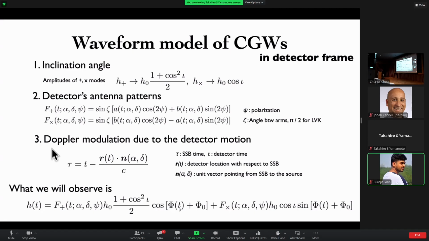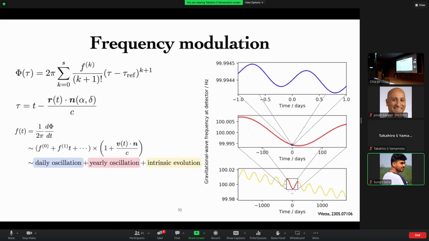So let's look at frequency modulation in detail. Based on the previous slide, we can have a frequency modulation, and this is a rough estimation of the frequency which we will observe.